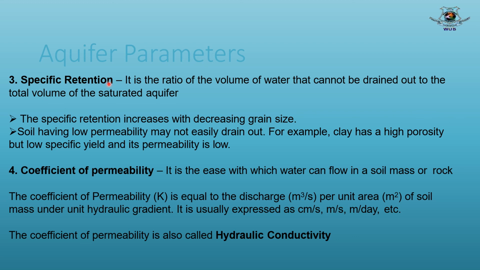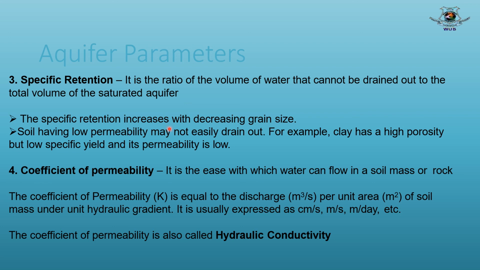Specific retention. It is the ratio of the volume of water that cannot be drained out to the total volume of the saturated aquifer. In another way, it is the remaining volume of water which cannot be removed by gravity drainage, is held by capillary forces and other forces of attraction, and is called specific retention.